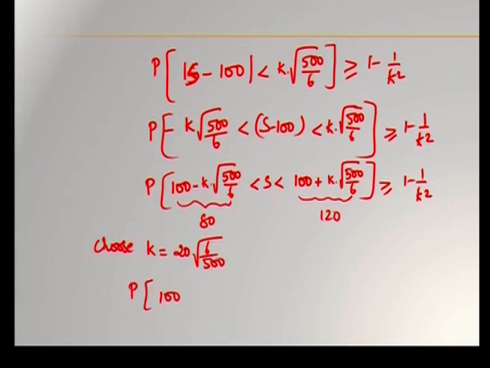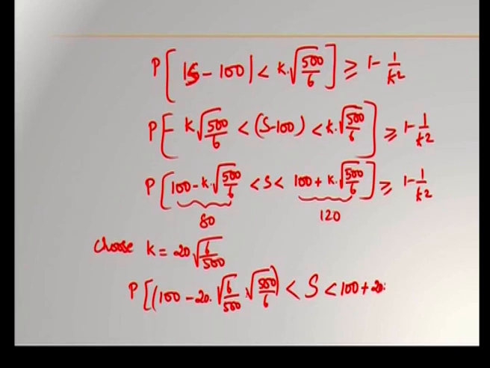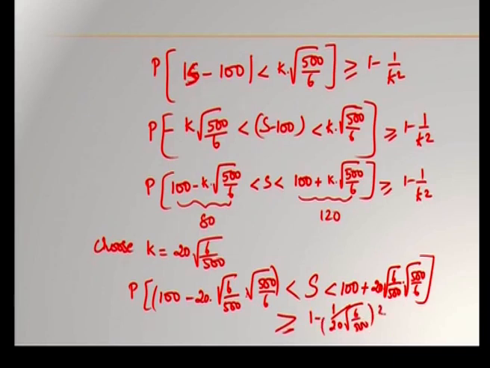P of 100 minus 20 into root of 6 by 500 into root of 500 by 6 less than S less than 100 plus 20 into root of 6 by 500 into root of 500 by 6 is greater than or equal to 1 minus 1 divided by 20 into root of 6 by 500, whole square.